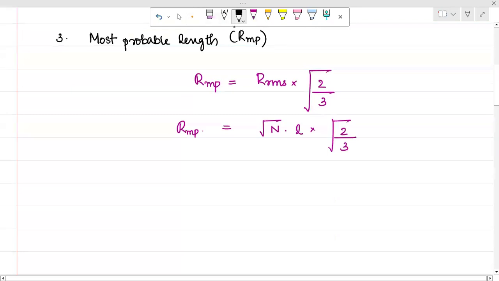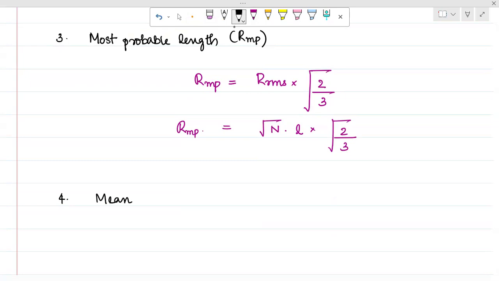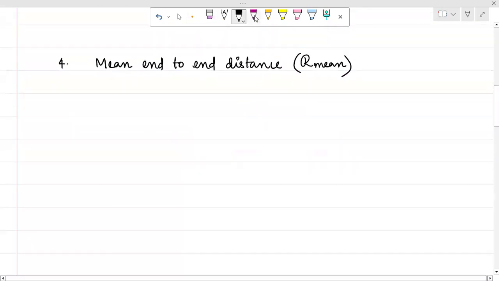Most probable length. Fourth one is mean end-to-end distance. Mean end-to-end distance represented by R mean.